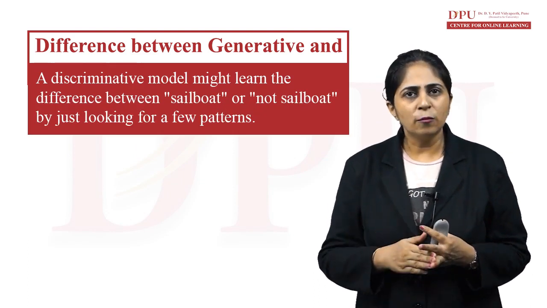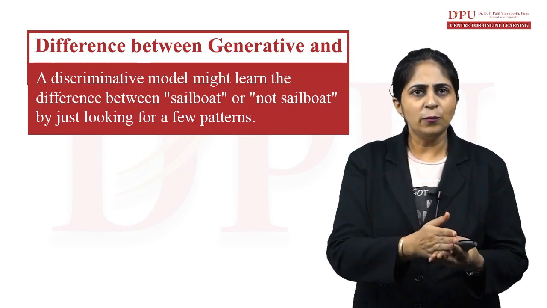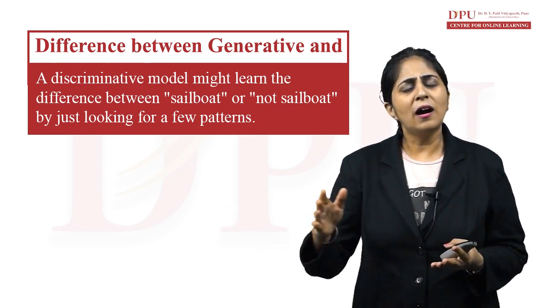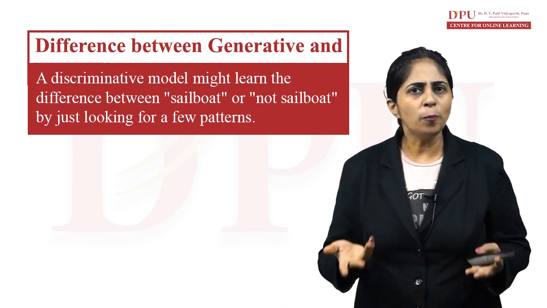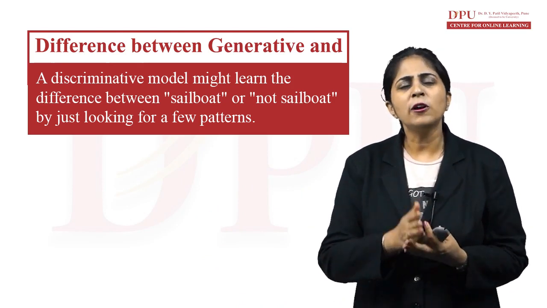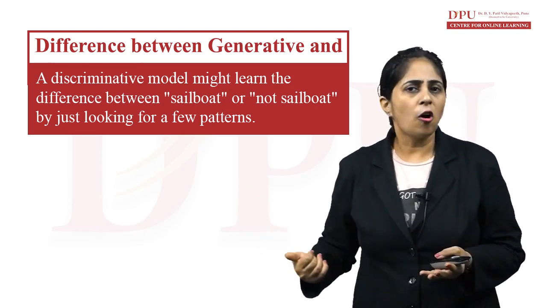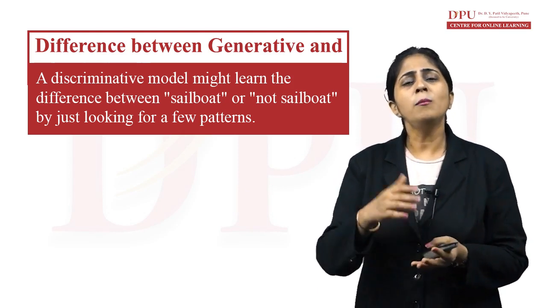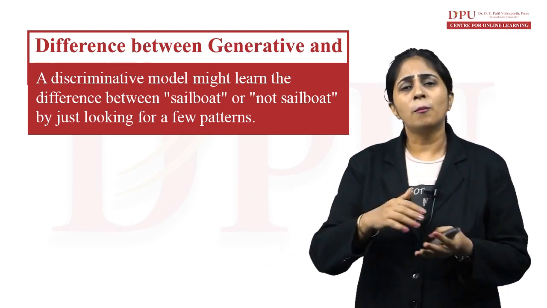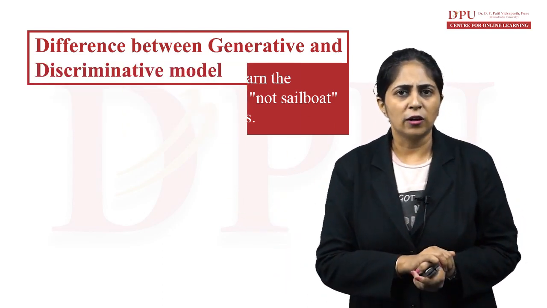While a discriminative model might learn the difference between a sailboat and something that is not a sailboat by just looking for a few patterns. So a discriminative model will distinguish a boat from other objects, like a cruise ship or a cargo ship. That is a function of the discriminative model.